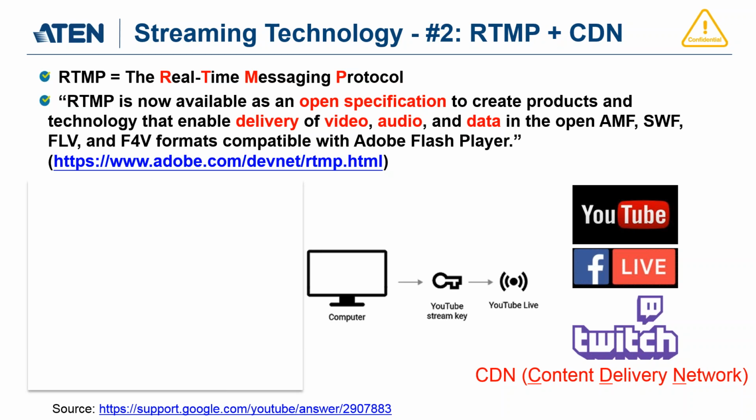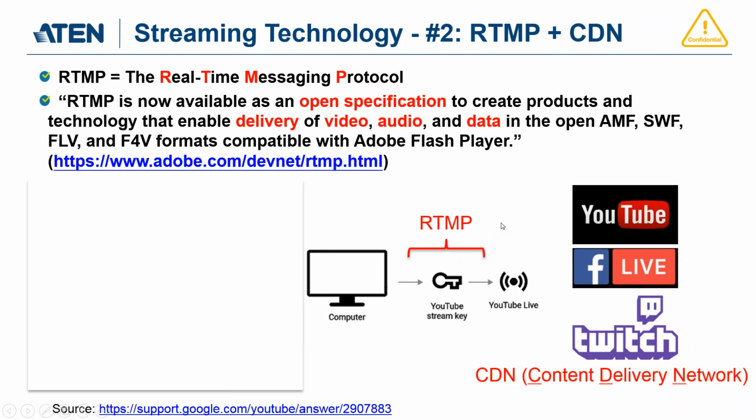Let's take YouTube as an example. By the way, this flowchart comes from the YouTube website. Let's say we have a computer and some video that we want to stream to the public. With YouTube Live, there will be some kind of YouTube stream key involved. But the protocol, the open specification that they are using, is RTMP.